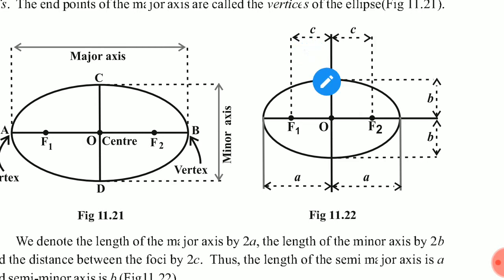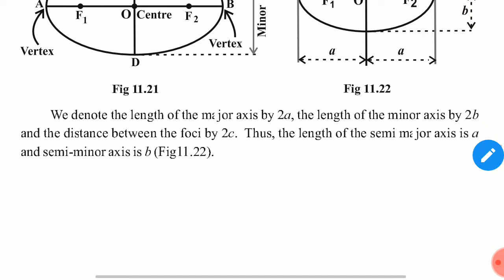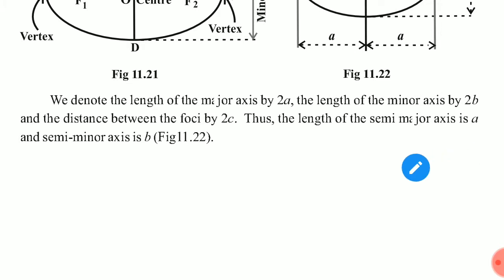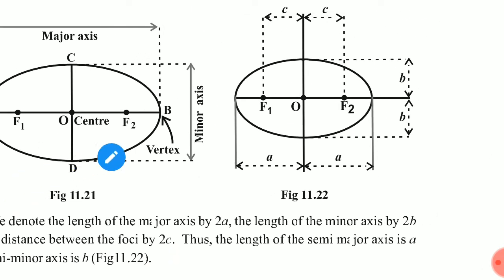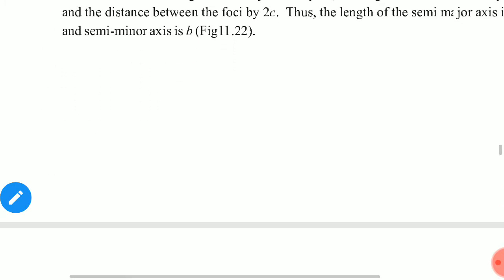Remember this c also. The major axis equals 2a and the minor axis equals 2b. The distance between the foci becomes 2c. This distance is c, this distance also c, so the total distance between F1 and F2 is equal to 2c. I have explained everything.